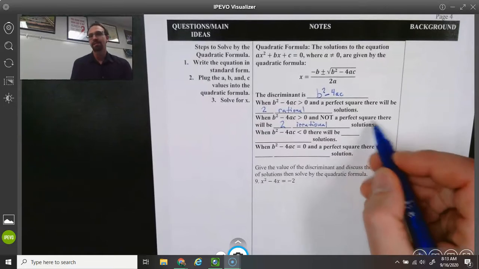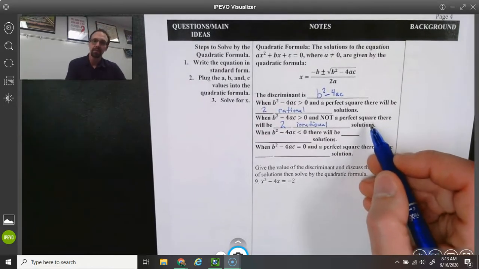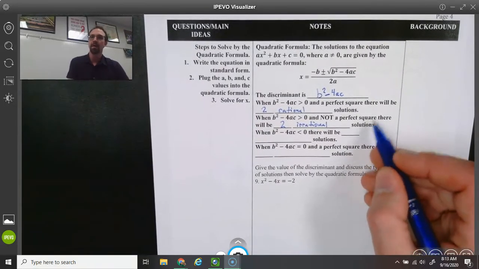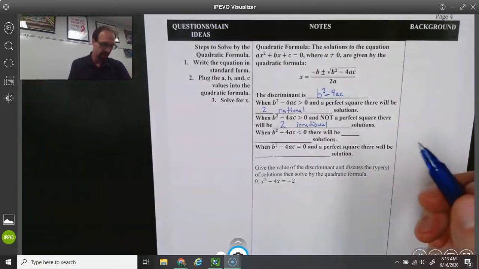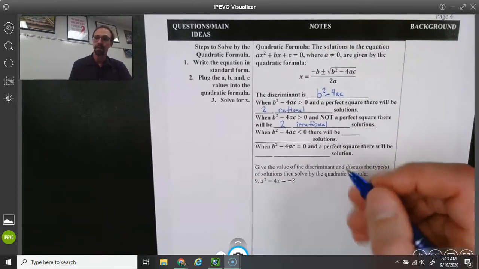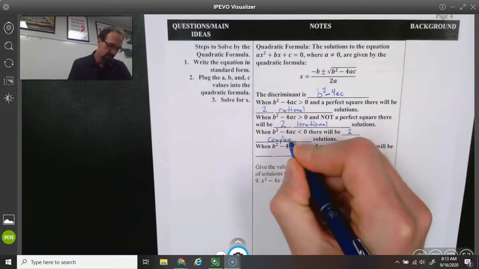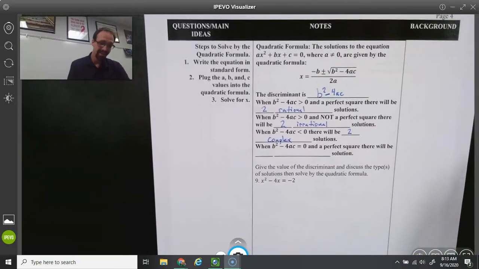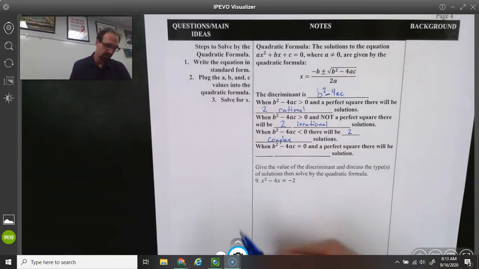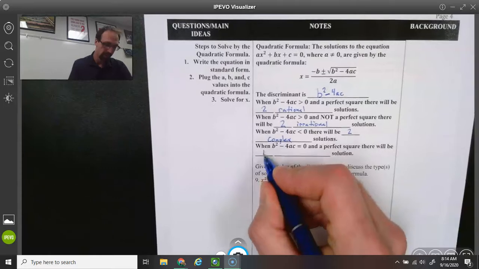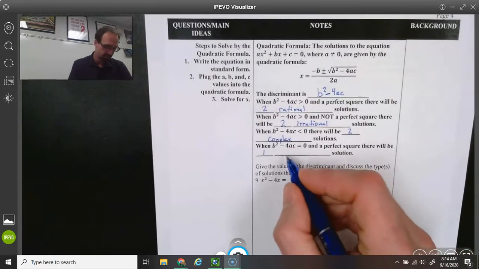You probably have not seen a lot of these types of examples when you've done the quadratic formula. You will in this course. When b squared minus 4ac is less than 0, then you will have two complex solutions. And when b squared minus 4ac is exactly equal to 0 and a perfect square, there will be one rational solution.